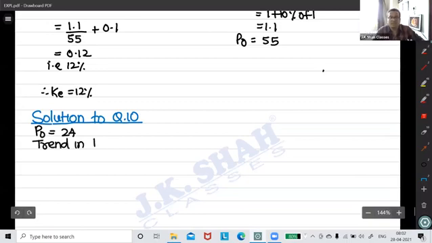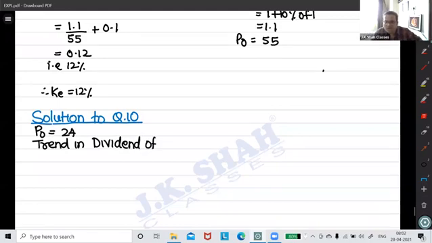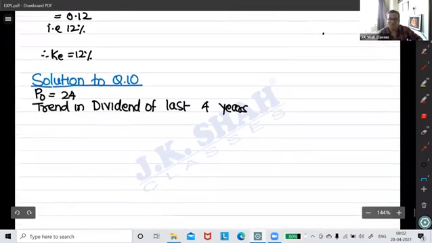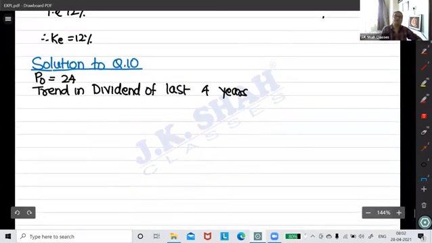Trend in dividend of how many years? 1, 2, 3, 1, 2, 3, 4. Trend in dividend of last 4 years. So I would say year 1, 2, 3, 4.